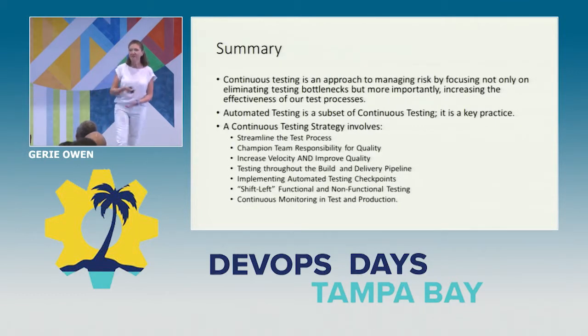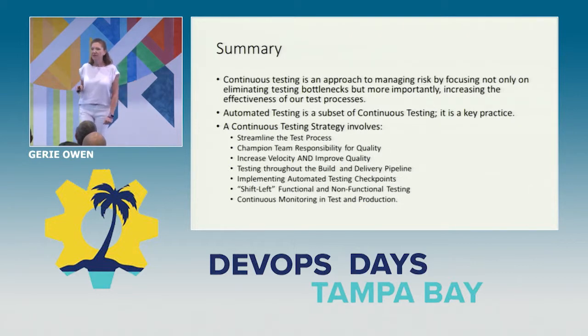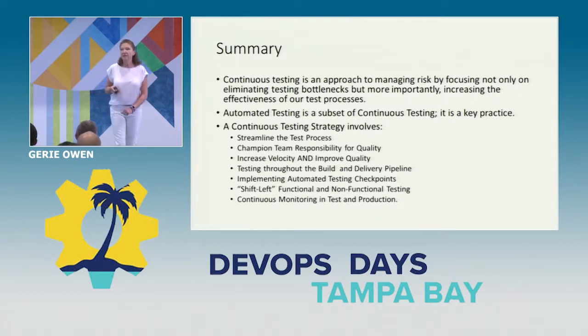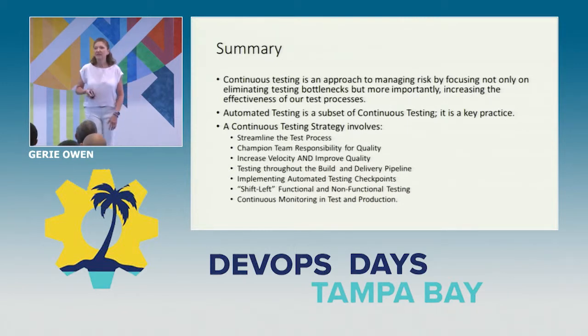So, in summary, continuous testing is an approach to managing risk by focusing not only on eliminating testing bottlenecks, but more importantly, increasing the effectiveness of our test processes. Test automation is a subset of continuous testing and is a key practice. It is not continuous testing.